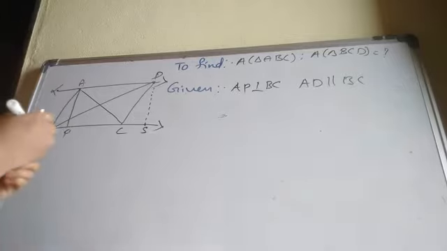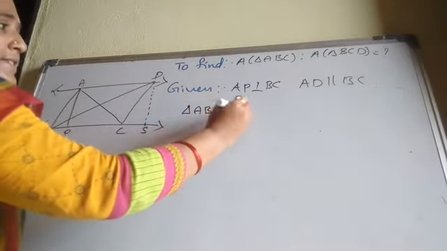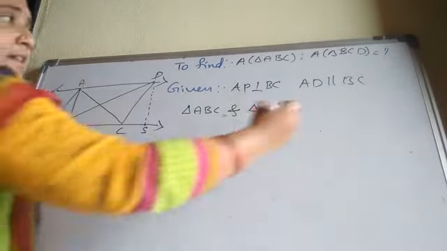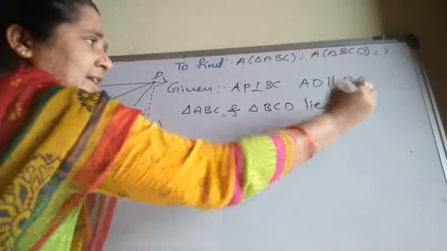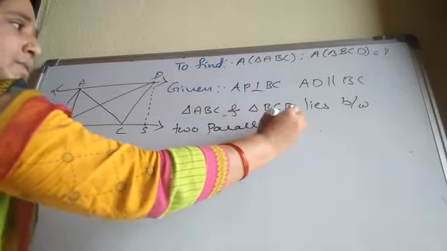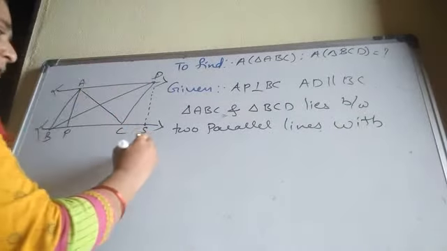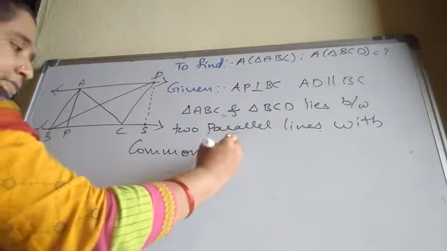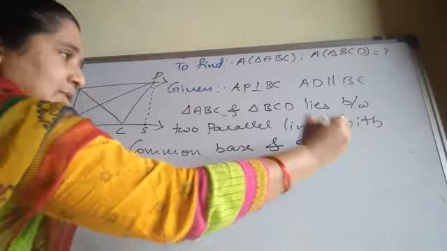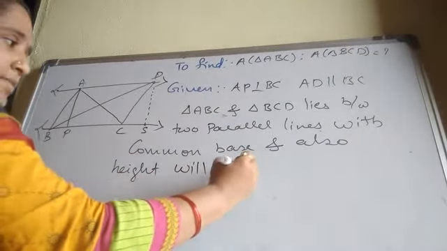Okay, students, see here. Triangle ABC and triangle BCD lie between two parallel lines with common base and also height will be the same.